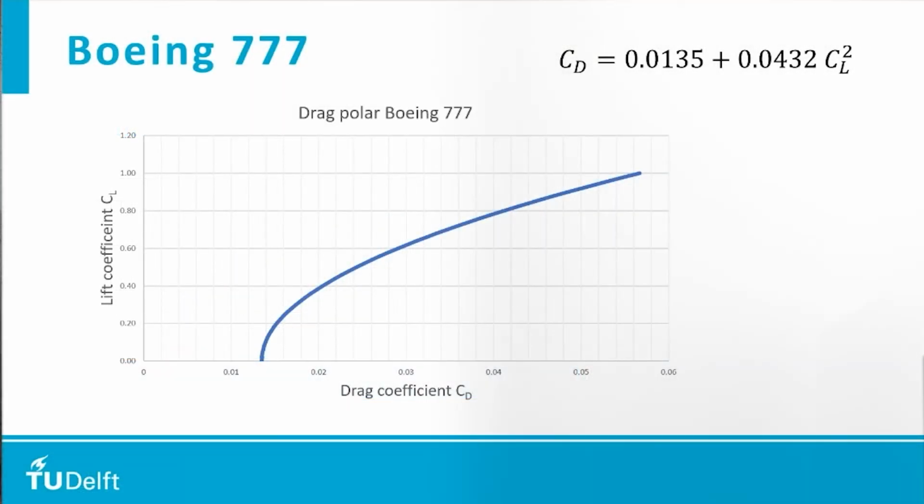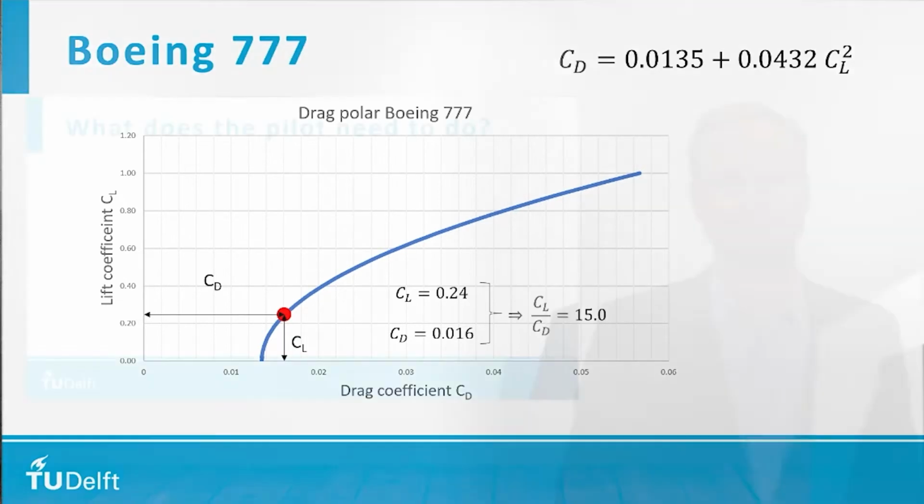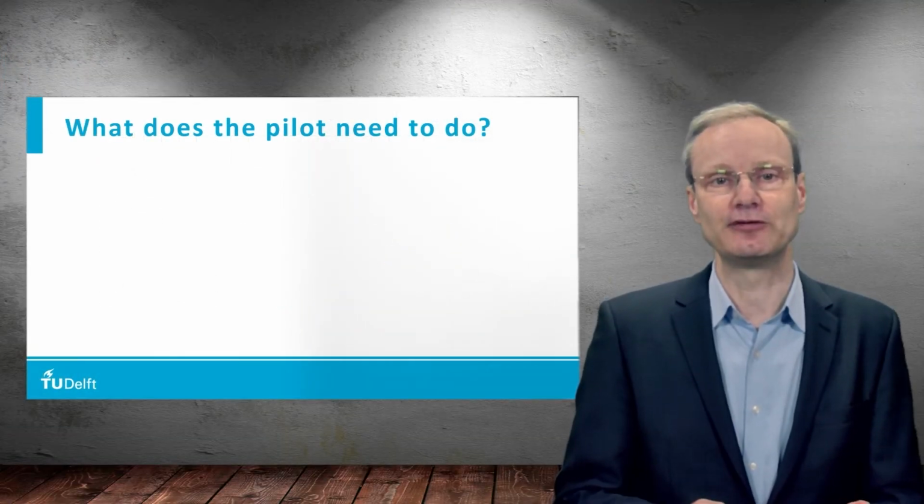And I can fly at any point of this curve, so let's take this point, and then I can read the values for the lift coefficient and the drag coefficient, and then divide the two, and then I have my lift to drag ratio at this specific point in the curve. And that is 15.0. The question is, is this the optimum value? Is this the best value? No. That's 20.70.